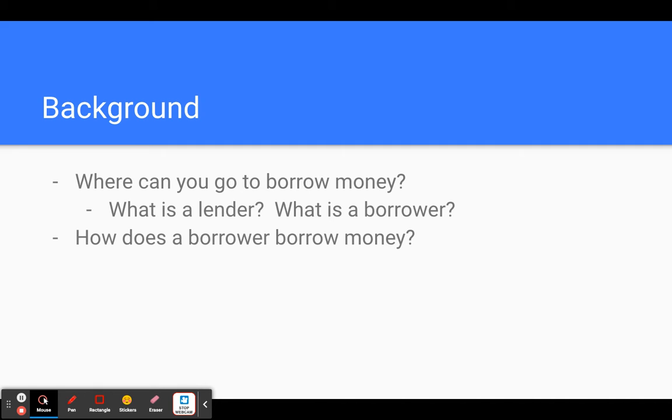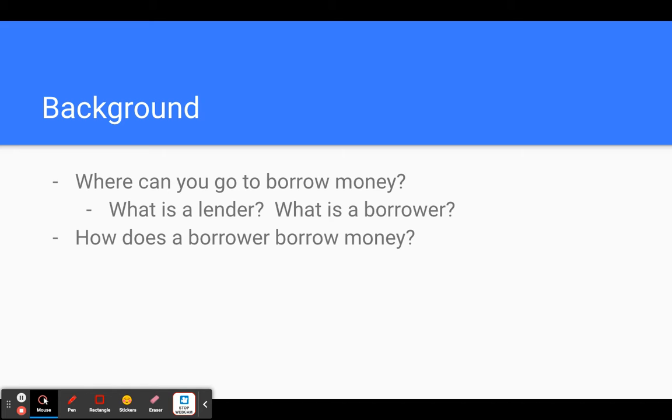How does a borrower borrow money? If it's a private person, it may be different than a bank. If it's a private person, they would just simply ask for it. Probably have to maybe have an agreement drawn up, some paperwork that they both sign.